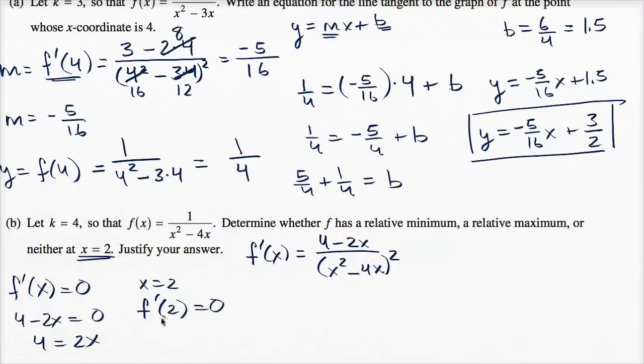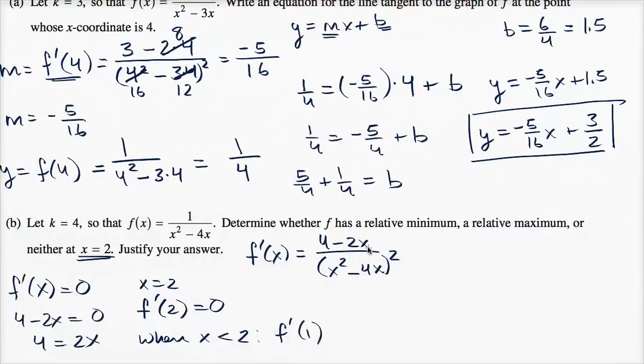So let's think about whether before, when x is less than 2, f prime of x is positive or negative, and then when x is greater than 2. That'll let us know if this is a minimum or a maximum. So when x is less than 2, we could test something out, like f prime of 1.